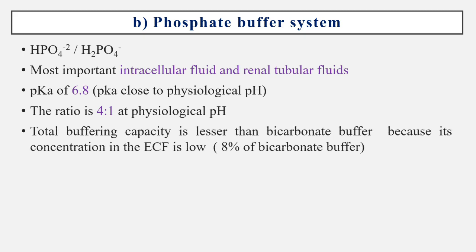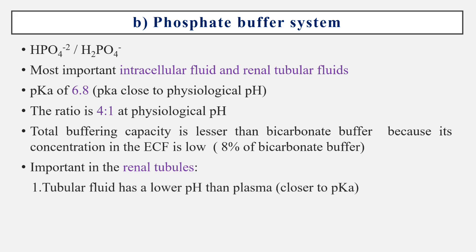The buffering capacity is less than the bicarbonate buffer because its concentration in extracellular fluid is low. It is important in renal tubular fluid, which has a lower pH than plasma. Phosphate is usually concentrated in the tubules. This is the phosphate buffer system.